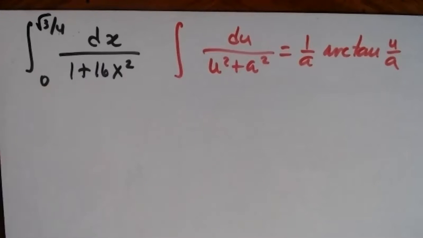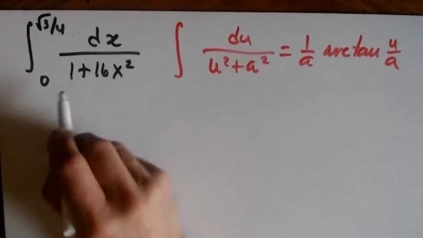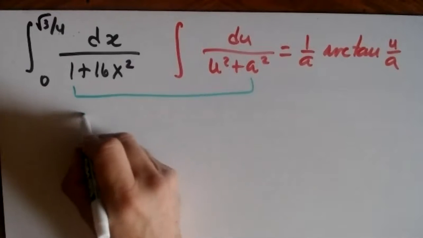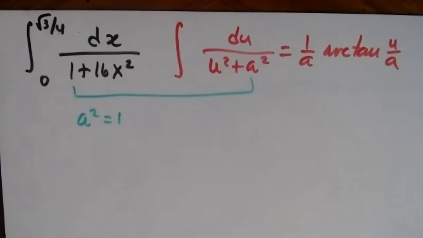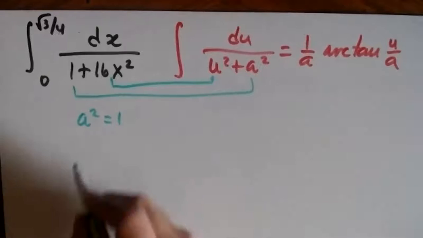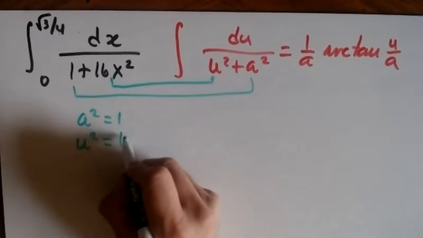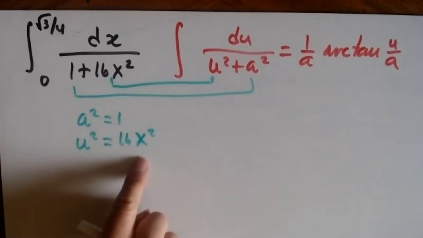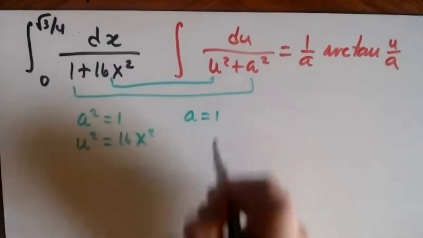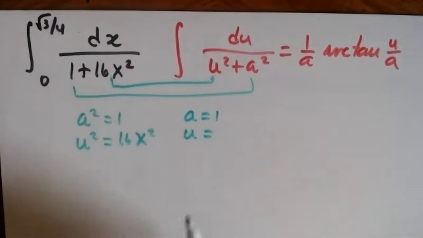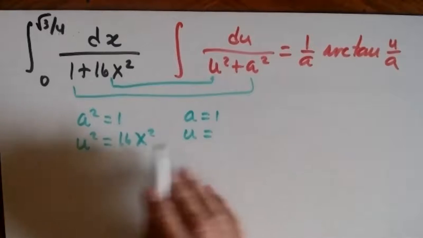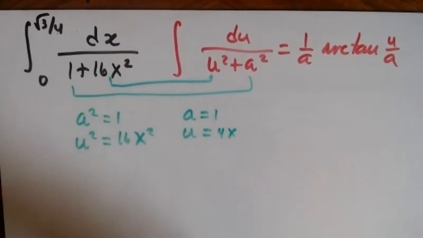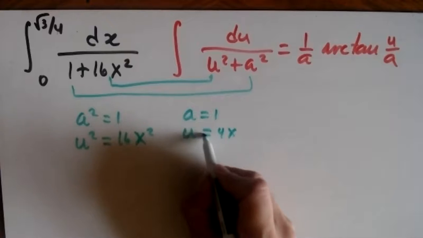So this is my constant, which matches the a squared, so a squared equals 1. And this one matches u squared, so u squared equals 16x squared, correct? Now, a equals the square root of 1, which is 1. The u equals the square root of 16x squared, which is 4x.